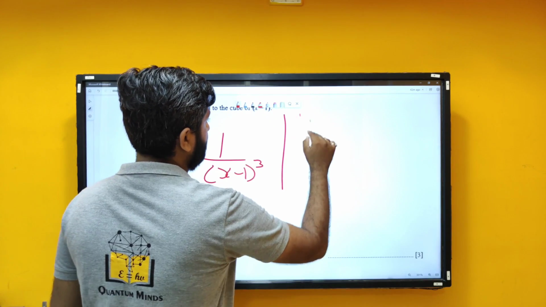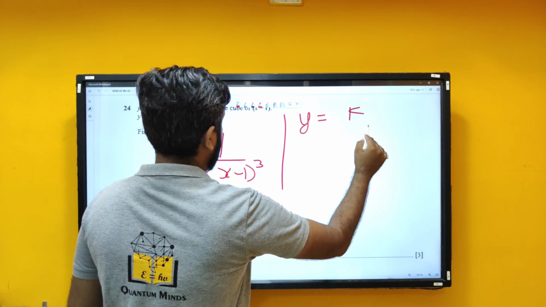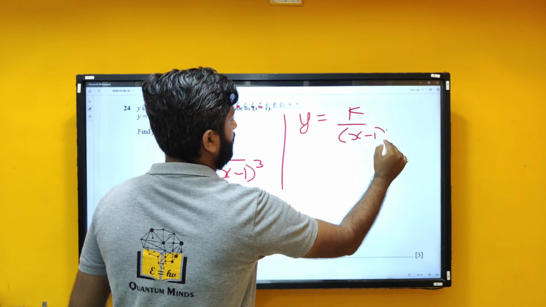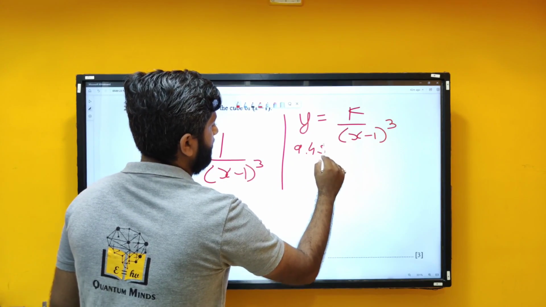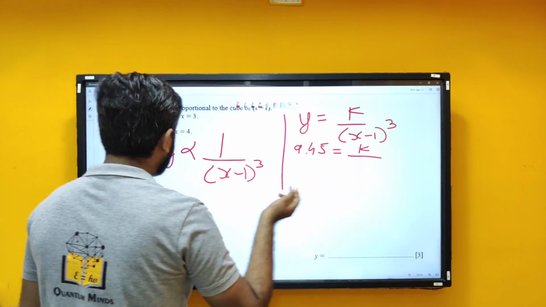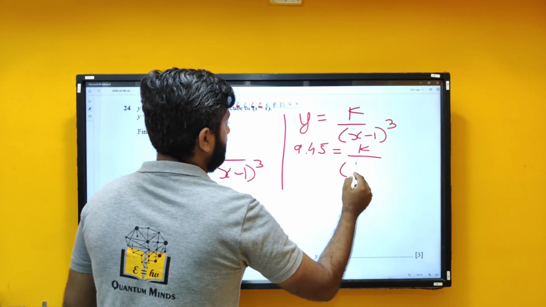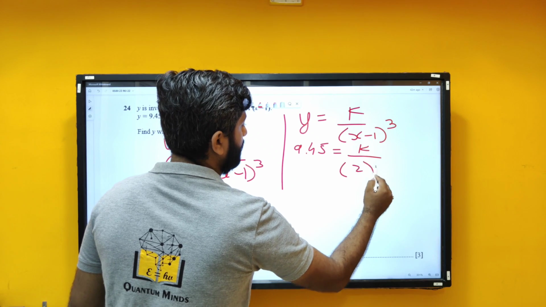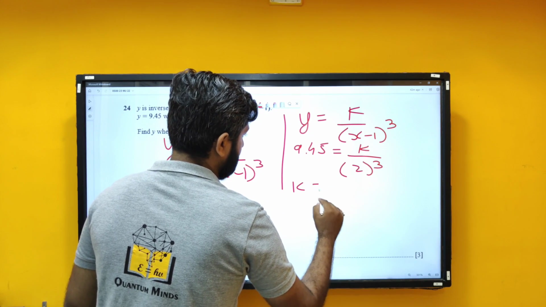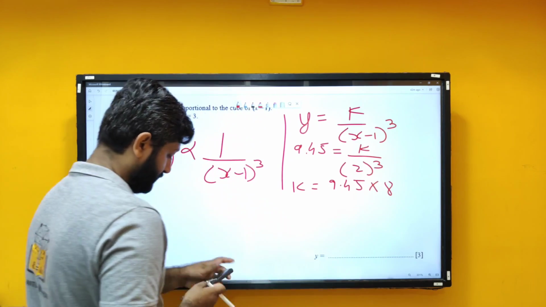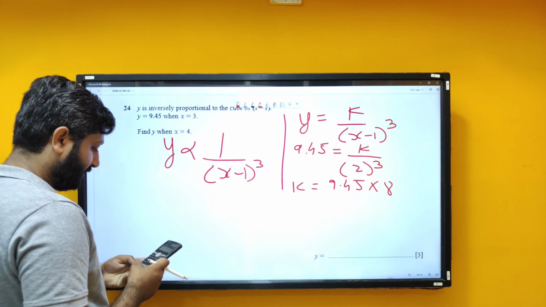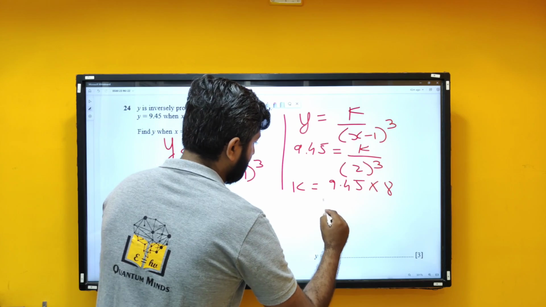Okay. So let us remove this sign of proportionality. We have y equals k upon x minus 1 cube. Y is 9.45. So first we'll have to find k, which is 3 minus 1, 2 cube. So k is 9.45 into 8, which is 75.6.